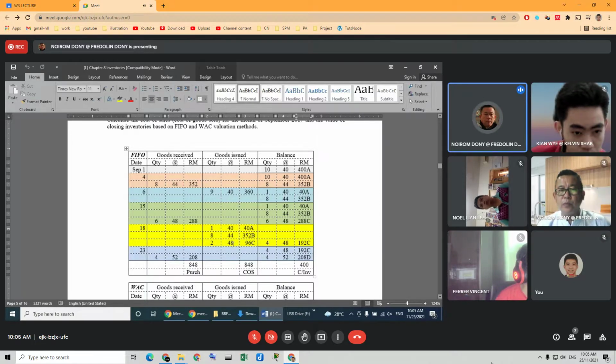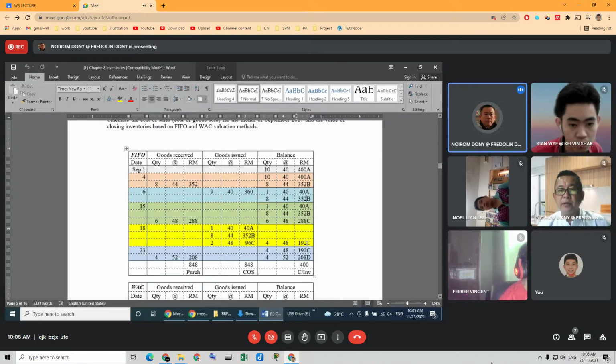So you put 48 here, 2 times 48, 96. Then update your balance. If you had 6 available, now you have issued 2, so you have left over 4. 6 minus 2, 4, with the same cost price, 48. 4 times 48 is 192. Can you get it?